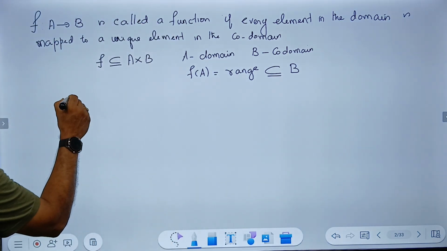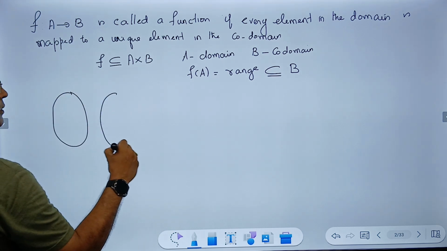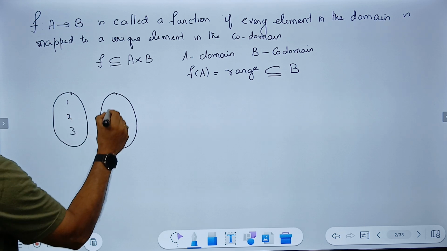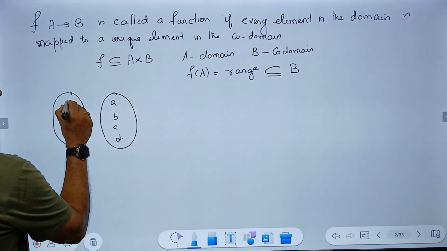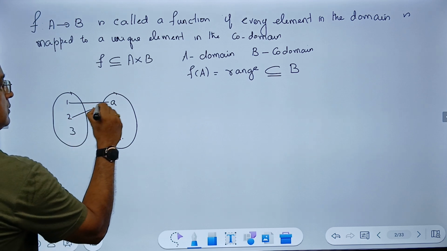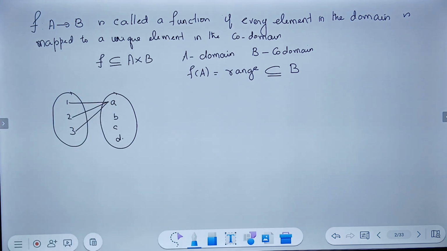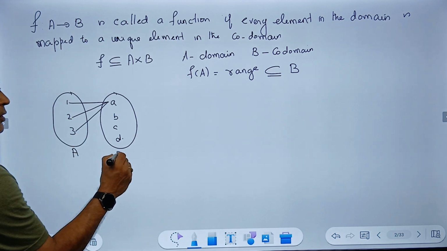Let's take some simple example. Suppose I have 1, 2, 3, and here I have A, B, C, D. Is this a function? Yes, this is definitely a function because every element in the domain is mapped. What is the domain here?